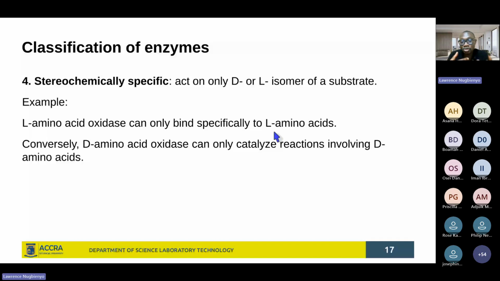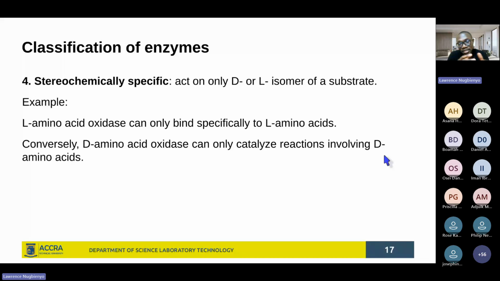So for instance, when we consume proteins, sometimes we do take in some D amino acids, particularly from plants. But even in the metabolism of these amino acids, when there is a D amino acid, that D amino acid gets converted to L amino acid before the metabolism process continues.